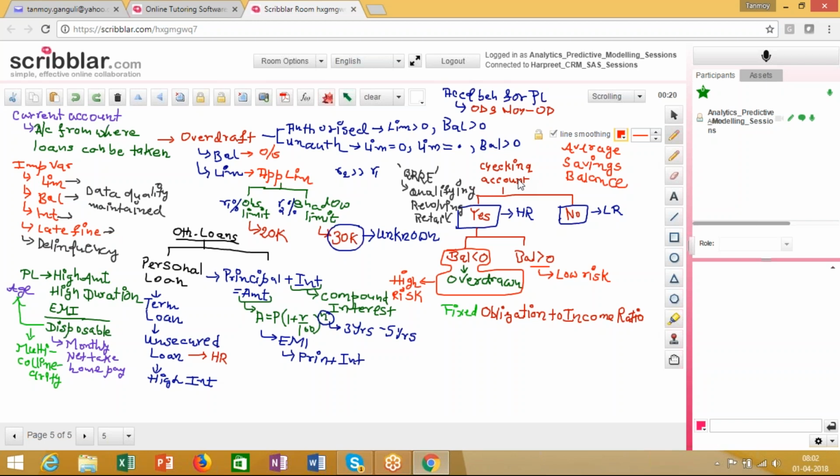Apart from this, these variables that we have discussed, be it the checking account status, the savings account status, the amount of the loan, the duration of the loan, etc. If you look into these variables broadly, you will identify that the average savings balance and the average checking account balance, or the state of the current account, are financial information of the borrower, information on the financial behavior of the borrower.